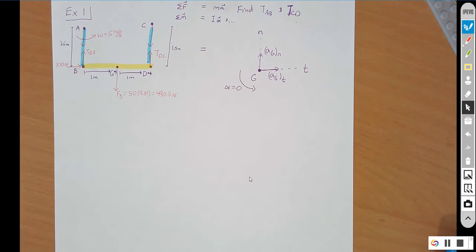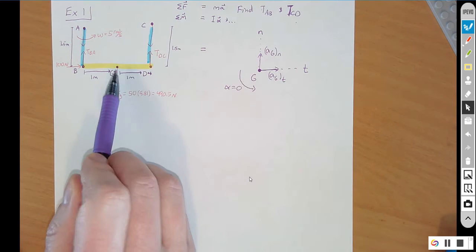Now, to analyze these, we're going to look just at the yellow bar, and we get to use 3 equations because it's a planar rigid body. So we have sum of forces in the normal, sum of forces in the tangential, and then we also have sum of moments, and we can do that about an instantaneous center, or about G, or about any other point that we choose.